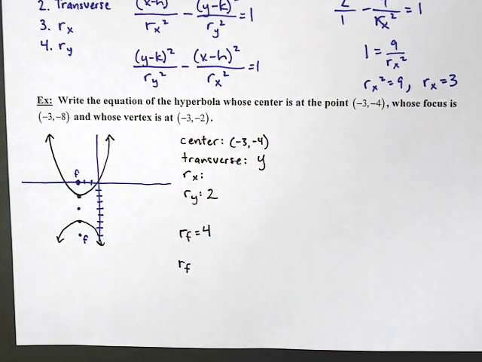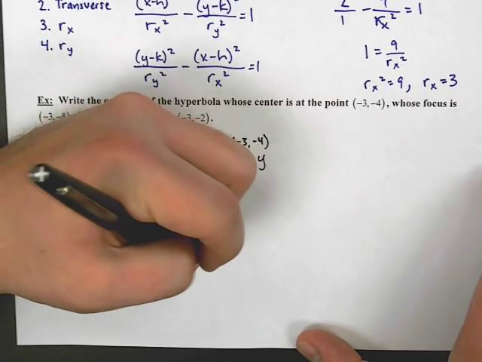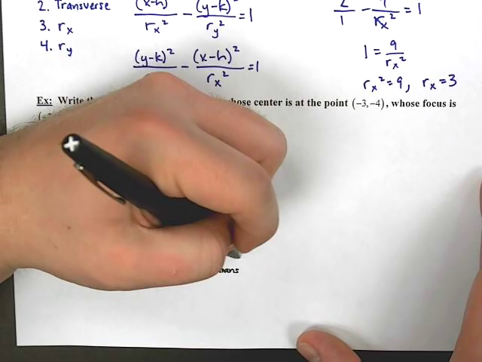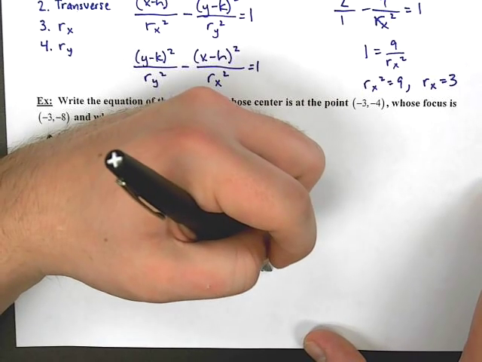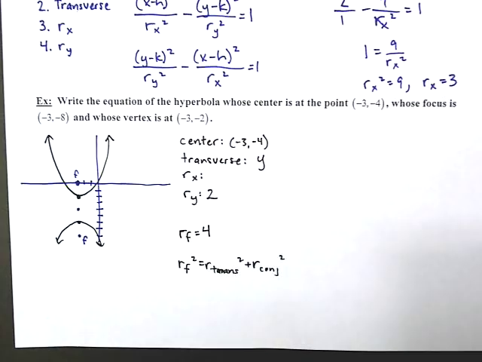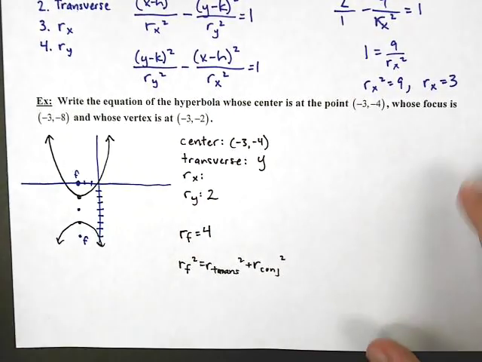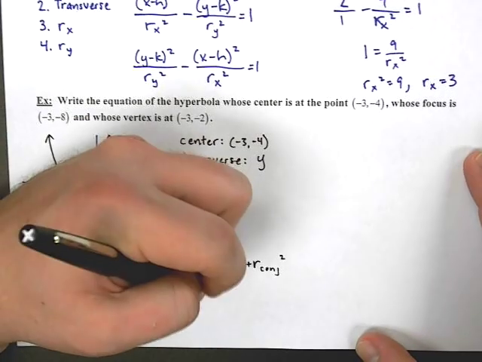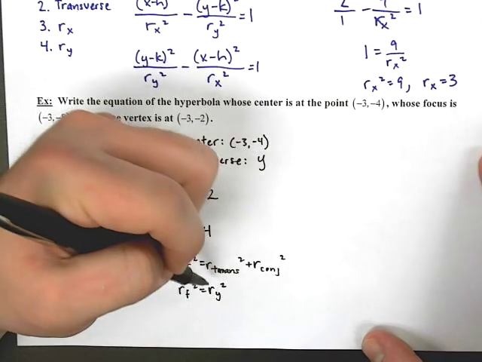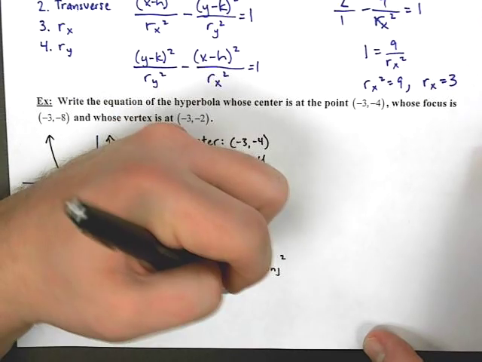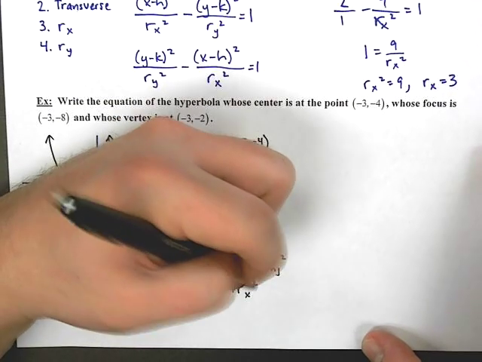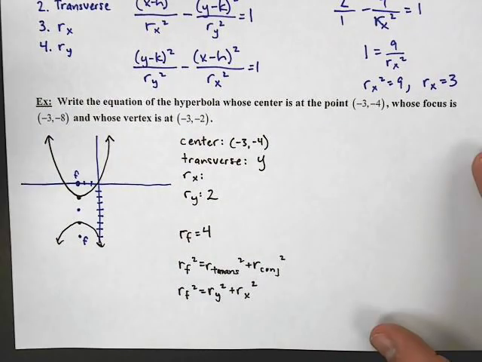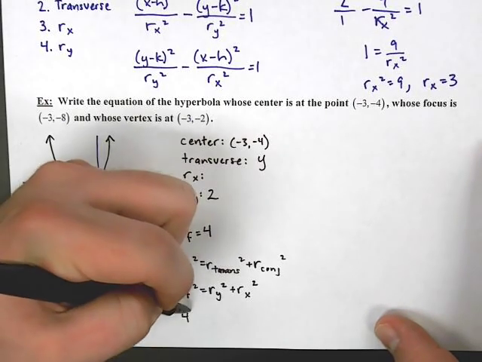All right. My bad. So we know that r sub f squared is going to be equal to the transverse squared plus r conjugate squared. Well, we already said that the transverse was y, correct? So we know that r sub f squared is actually going to be r sub y squared, and if r sub y is the transverse, then x is the conjugate. And now we can plug in what we have, which is pretty nice. We know this is 4 squared.